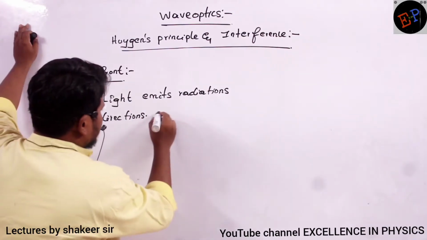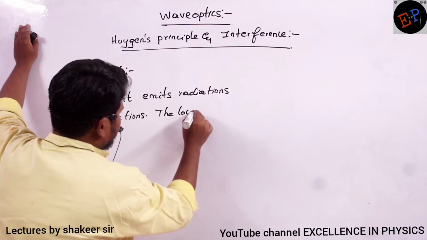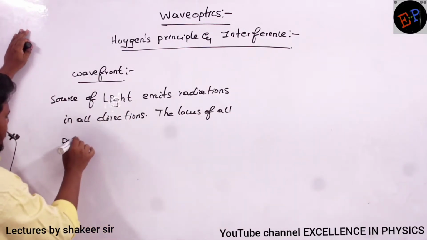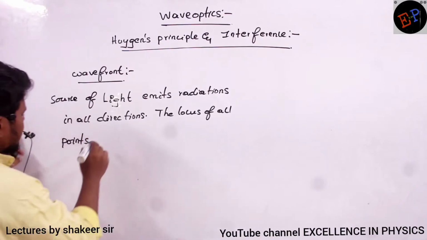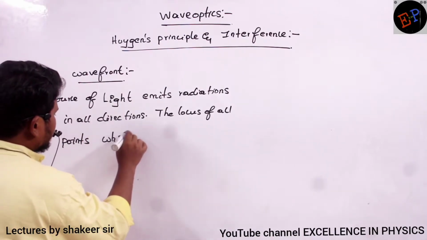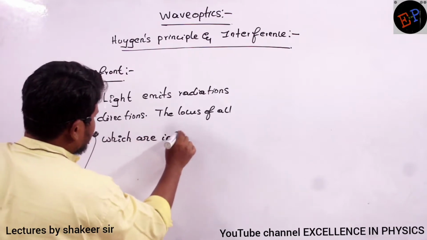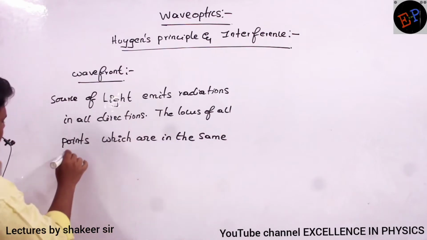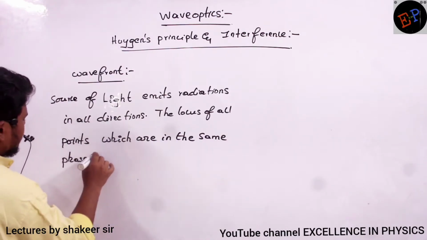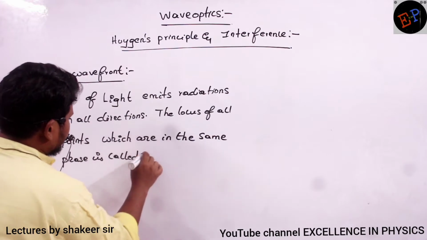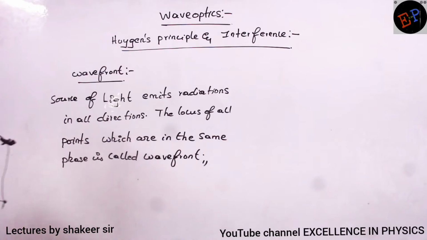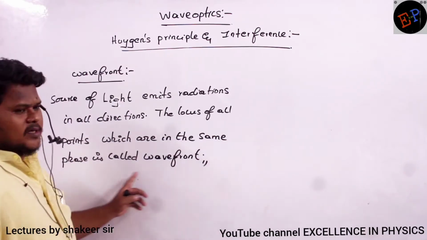So the locus of all points which are in the same phase is called wavefront. Clear? So the locus of all the points which are present in the same phase is called a wavefront.